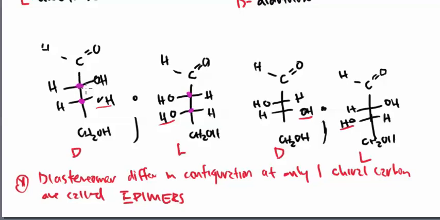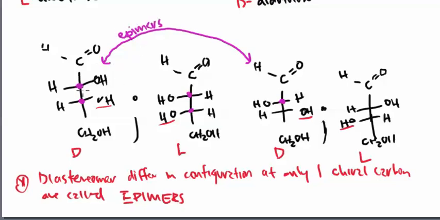Okay, so what would be a diastereomer here? Well, I need to look for a compound that's only different at 1 carbon. So if I take a look at this first one and at number 3, notice everything's the same except for this second carbon in the chain. So this one and this one, these two things are called epimers.